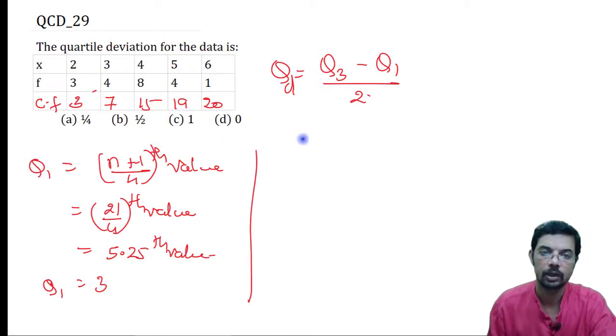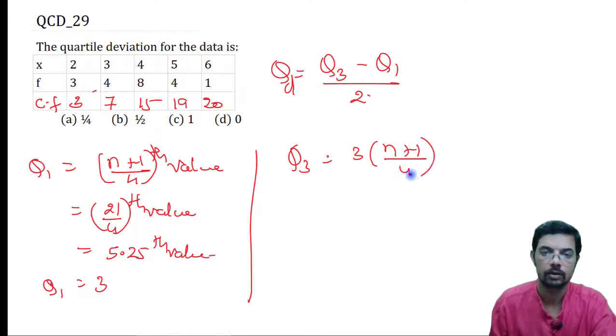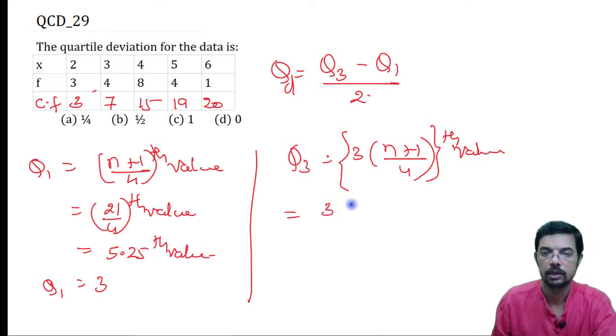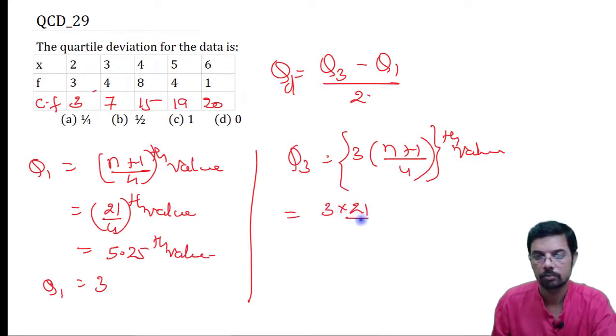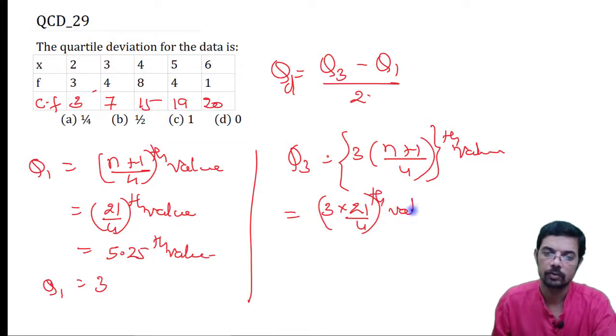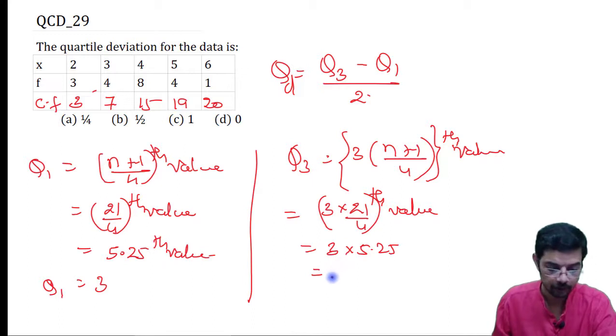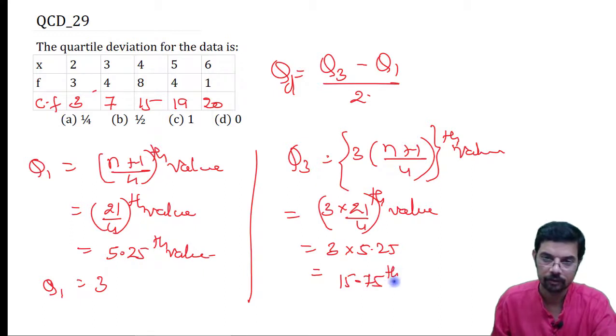In the same way, what is Q3? Q3 will be equal to the 3 into n plus 1 by 4th observation, which is 3 into 21 by 4. 21 by 4 is 5.25, into 3, which is equal to 15.75, the 15.75th value.